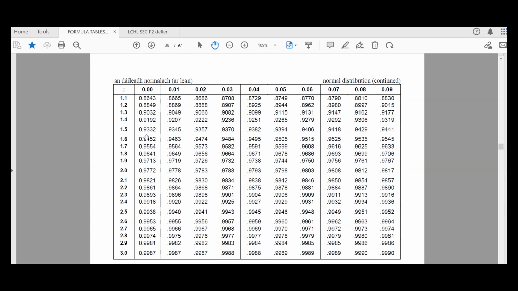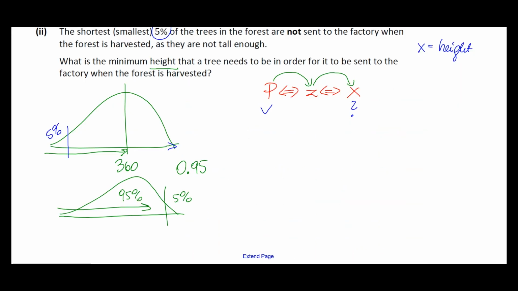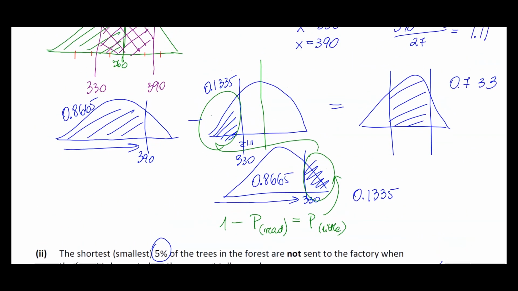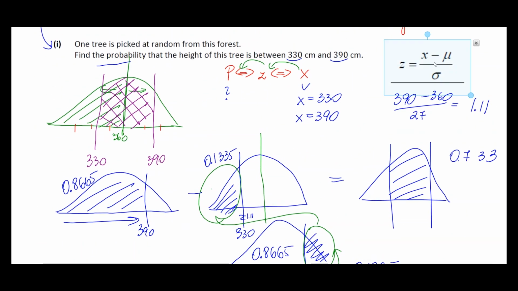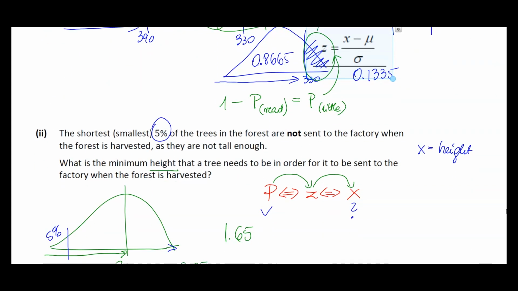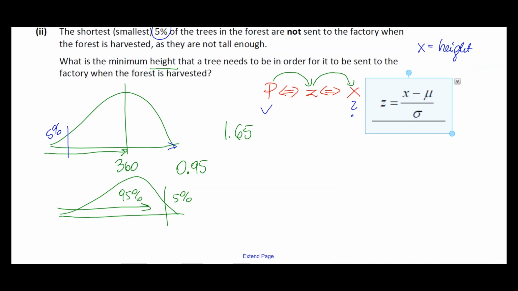So 0.95, let's see, there it is, 9505. So the z value is 1.65. So that's our z-score. Let's take our formula for the z-score because that's now how we're going to find the data.